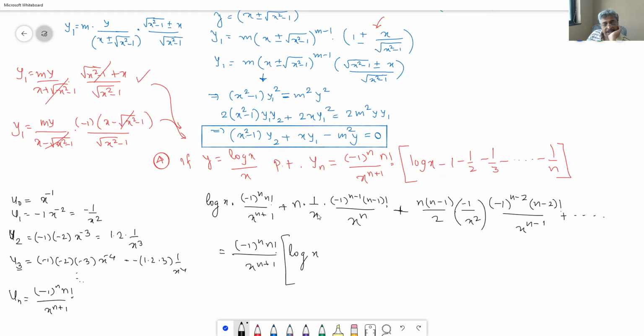This x raised to n plus 1 is taking place everywhere, no issue, correct? Then n minus 1 factorial into n is n factorial, and minus 1 raised to n minus 1. We have 1 minus. The second term is minus. Here the denominator is x raised to n plus 1, correct? n factorial is also matching.